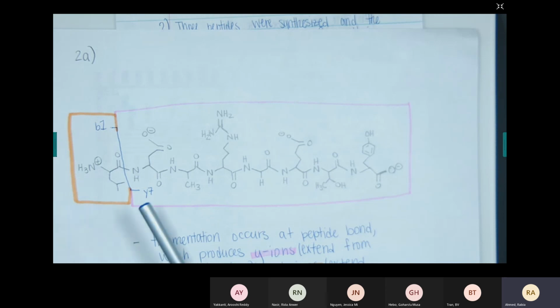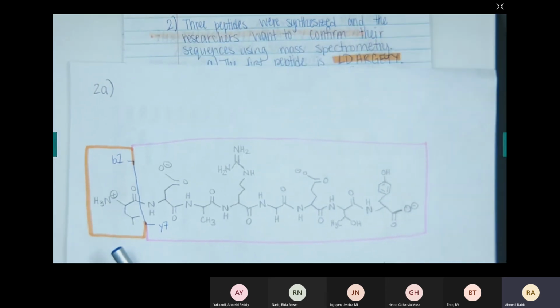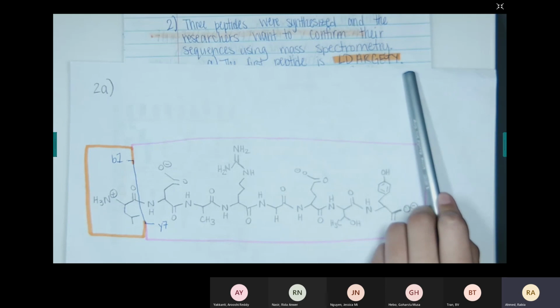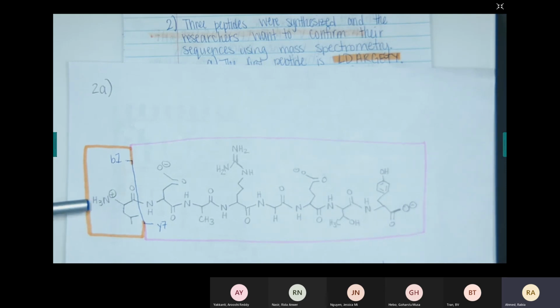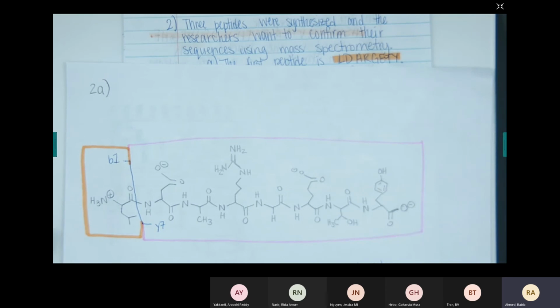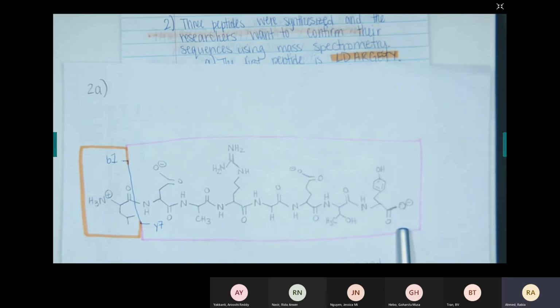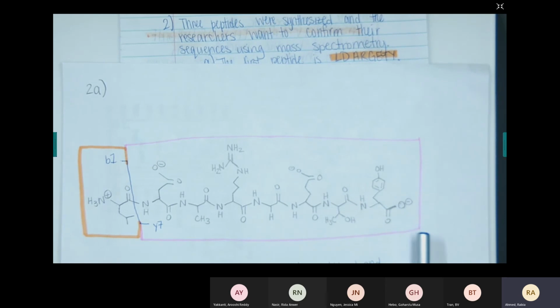So this is the amino acids that I used, LDARGETY. So we draw the whole structure out, and this is the amino terminus, of course. Don't forget to add that on the left side. A peptide chain always starts with an amino terminus and ends with the carboxyl terminus, which is always on the right side because the peptide goes from left to right.